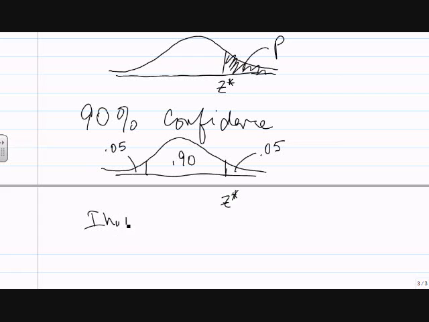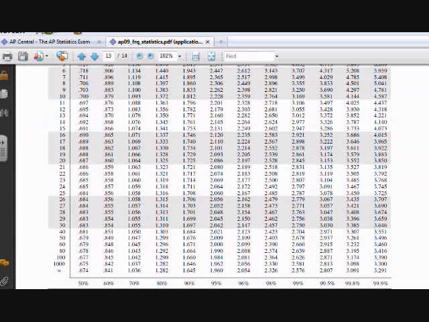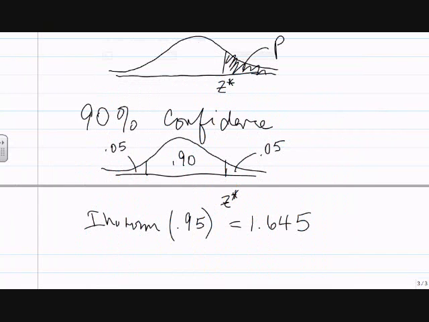Inverse norm. What do you put into inverse norm? 0.95. Okay, and what do you get? Let me tell you a couple of other places you can get this. First off, why did we do inverse norm?